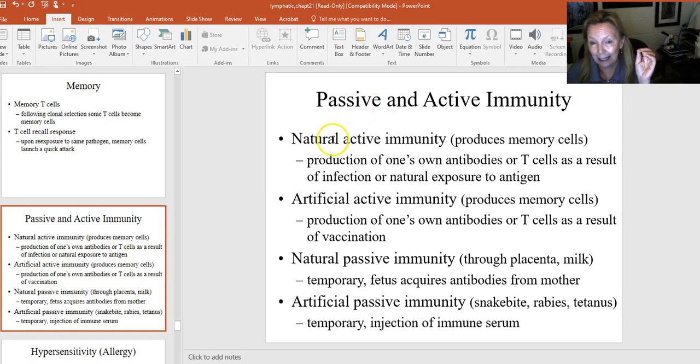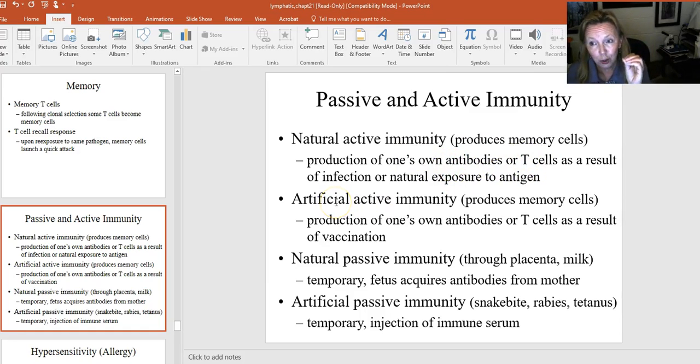So in natural active, it means that you have actually encountered the foreign antigen, and you probably had the disease. Or most things don't ever cause us to have noticeable signs and symptoms, but we produced our own memory B cells and our own memory T cells, and so now we have natural exposure.